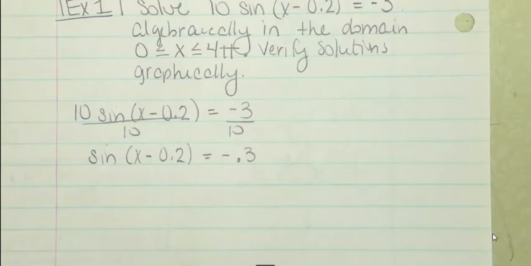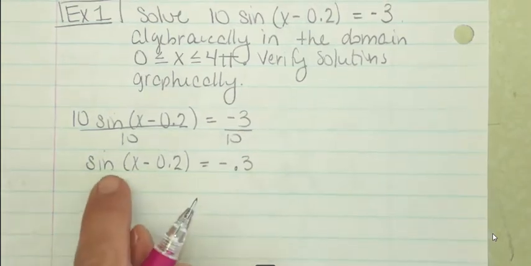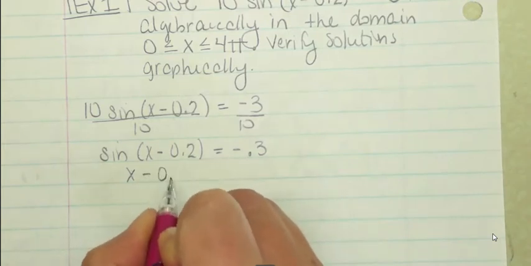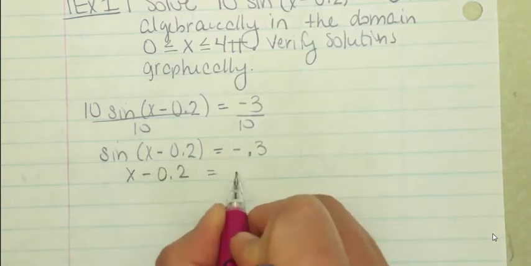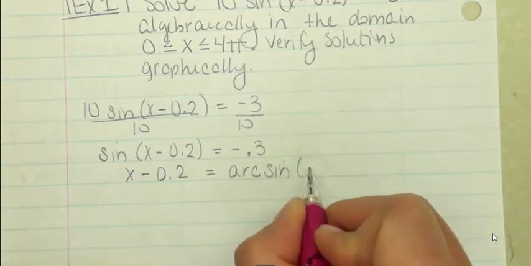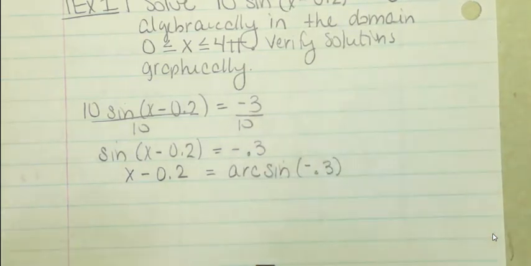Okay, from there we're going to want to arcsine both sides so that we can undo this sine. So if I do that on the left side, I get x minus 0.2, and on the right side I get arcsine of -0.3.